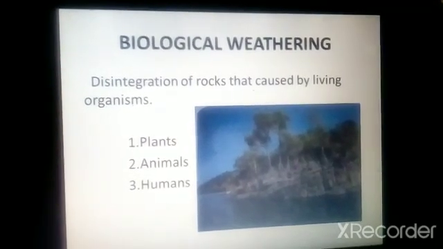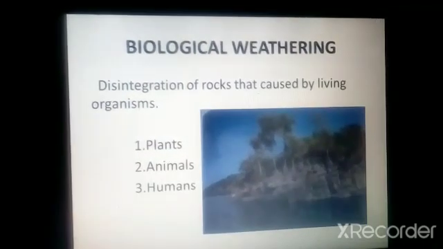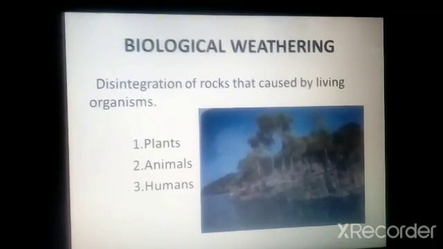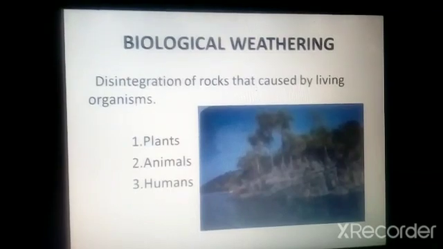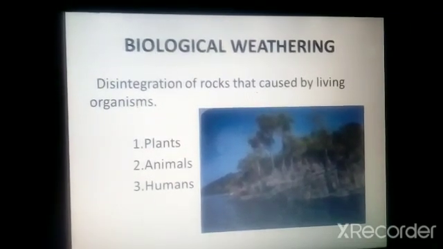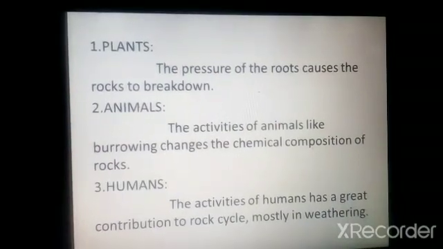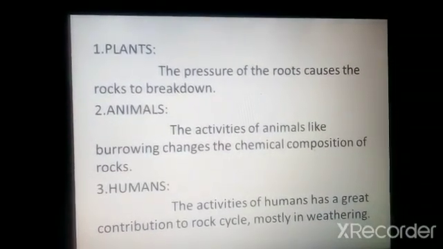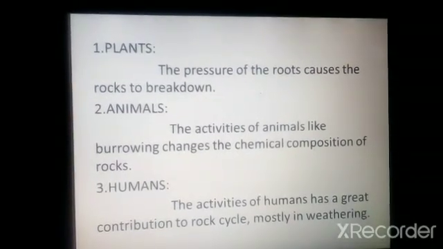Biological weathering means disintegration of rocks caused by living organisms. Disintegration means being divided into smaller substances. Everyone knows living organisms means plants, animals and humans. Due to plants, mainly the pressure of the roots causes the rocks to break down into smaller substances.